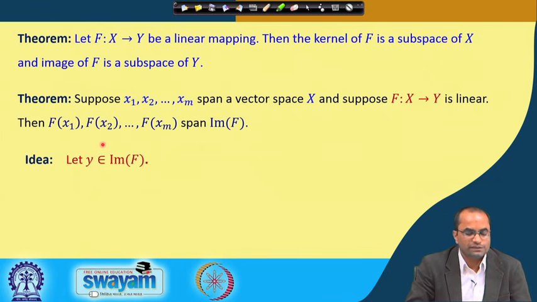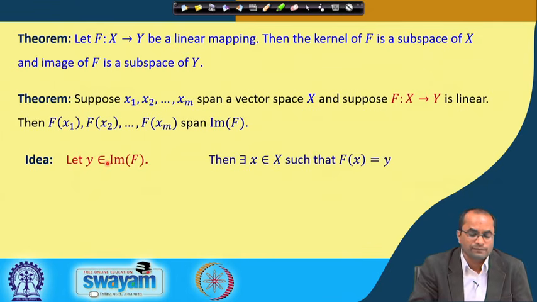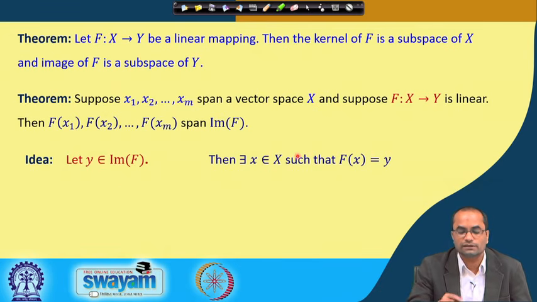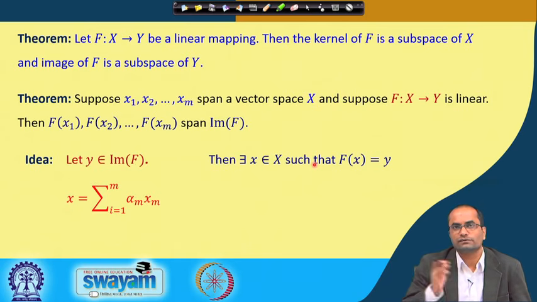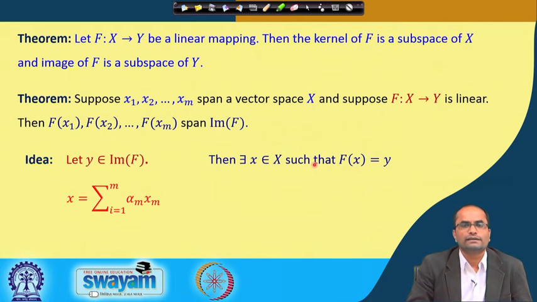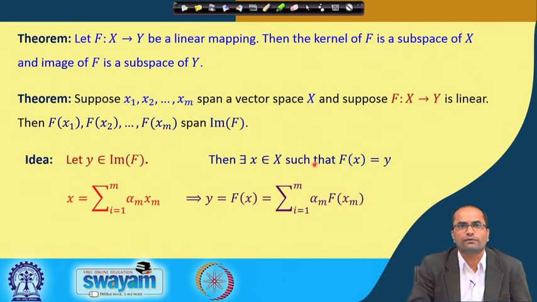And the idea of the proof is very simple. If we take a point y in the image of F, there must exist an x in the vector space X such that f x is equal to y. Any element of X can be represented as a linear combination of x 1, x 2, up to x m, because these vectors span X. Now we apply the linear map f on x, which gives us y.